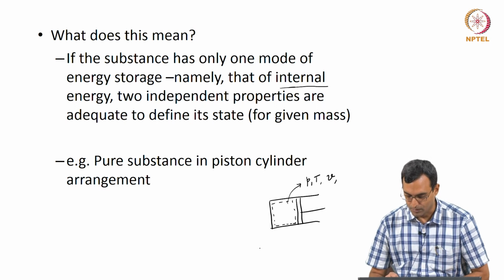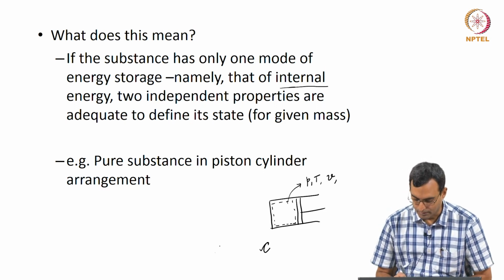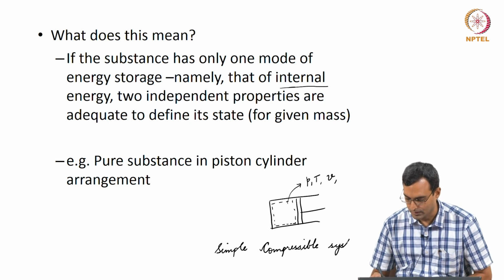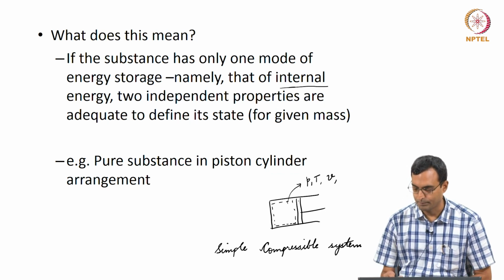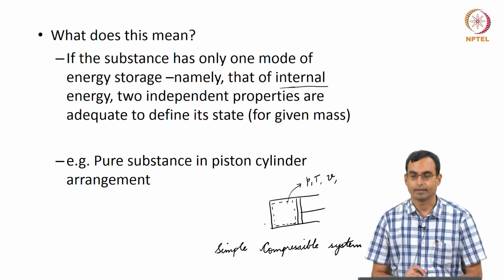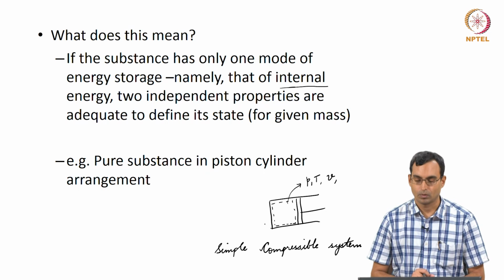So, we are going to often talk about simple compressible systems which contain a pure substance. So, this would be, for example, a simple compressible system containing a pure substance, and once we know that this is the case, all we need to do is know two properties, and then we can find out whatever else we need.